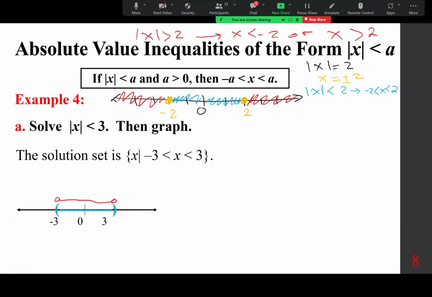But if absolute value of x is less than or equal to 3, then this becomes a bracket and this becomes closed, okay? The endpoints are included. However, going back to what we had, the interval notation would be -3 to 3, parentheses, because the endpoints are not included, because originally we don't have an equality here.